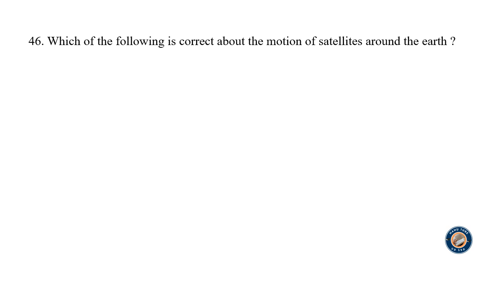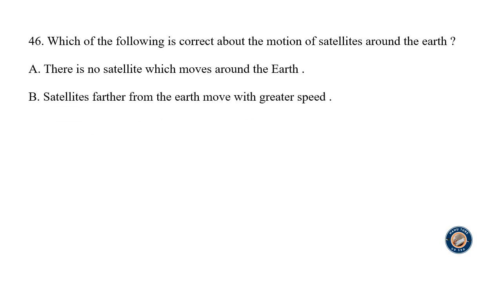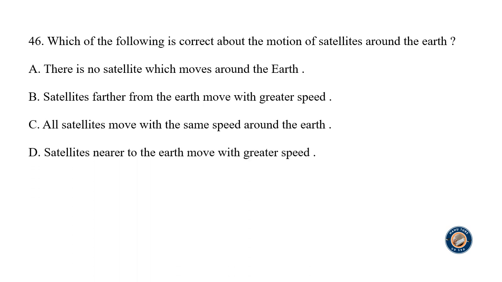Question number 46. Which of the following is correct about the motion of satellites around the Earth? A. There is no satellite which moves around the Earth. B. Satellites farther from the Earth move with greater speed. C. All satellites move with the same speed around the Earth. D. Satellites nearer to the Earth move with greater speed.